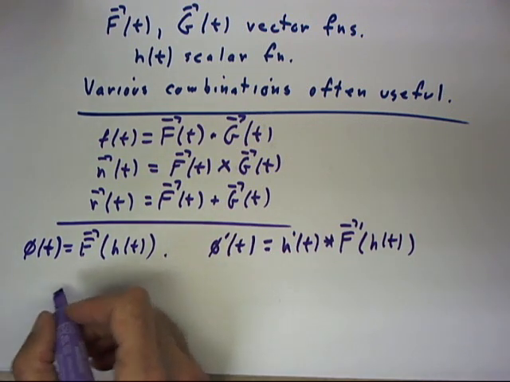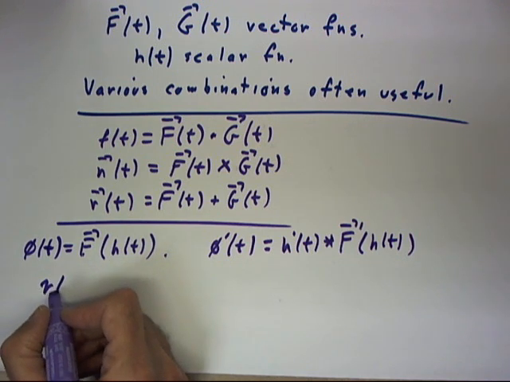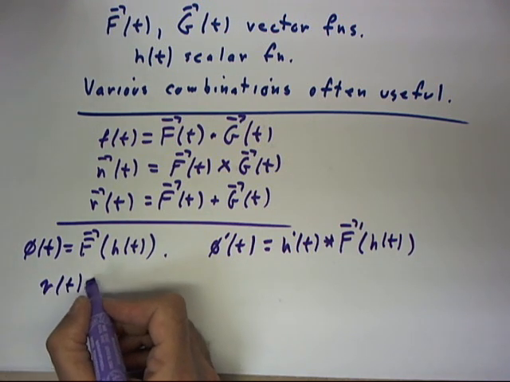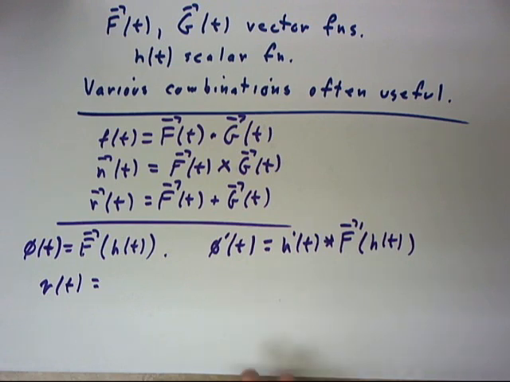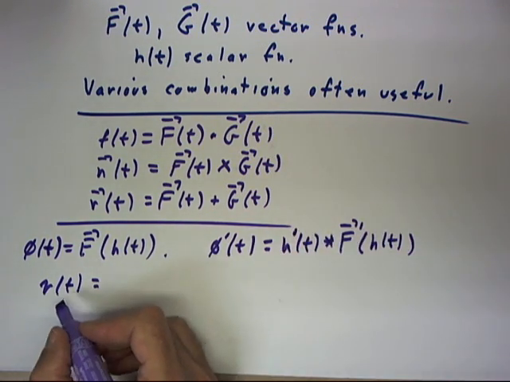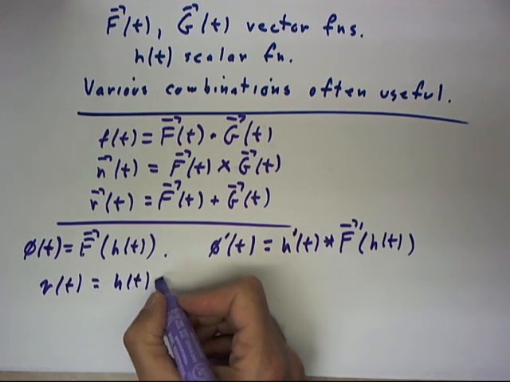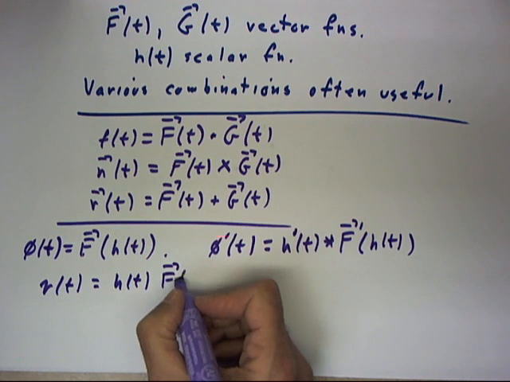We could do the function gamma of t, just to introduce a few foreign symbols that are going to be important in a lot of your courses. Gamma of t, let that be h of t times f of t.